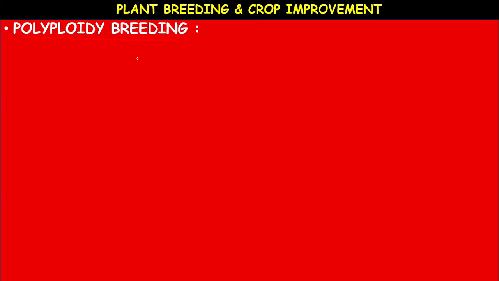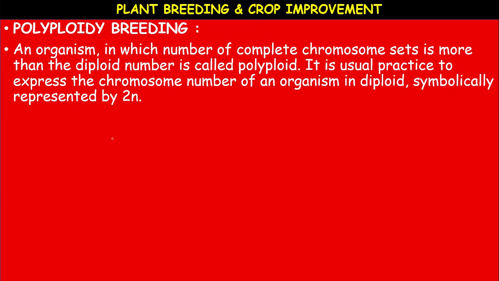We are going to discuss polyploidy breeding. An organism in which the number of complete chromosome sets is more than the diploid number is called polyploidy. What is diploid? Diploid means 2n. More than the diploid number of chromosome sets is called a polyploid condition.